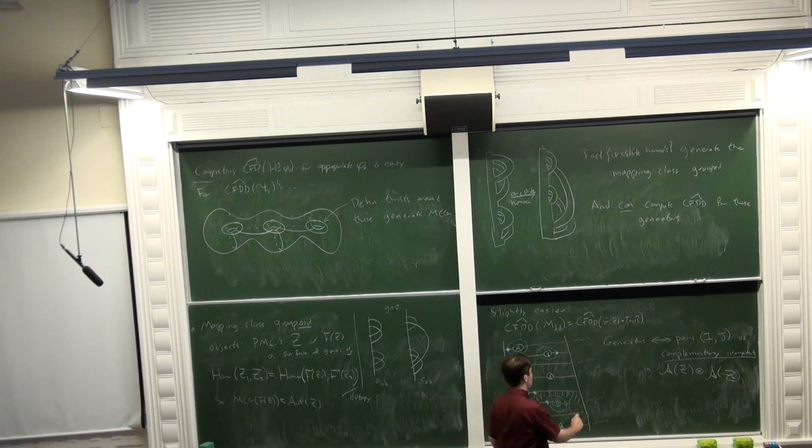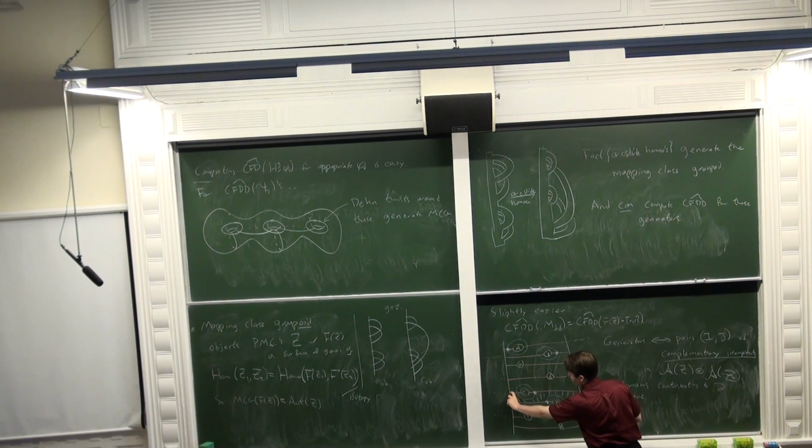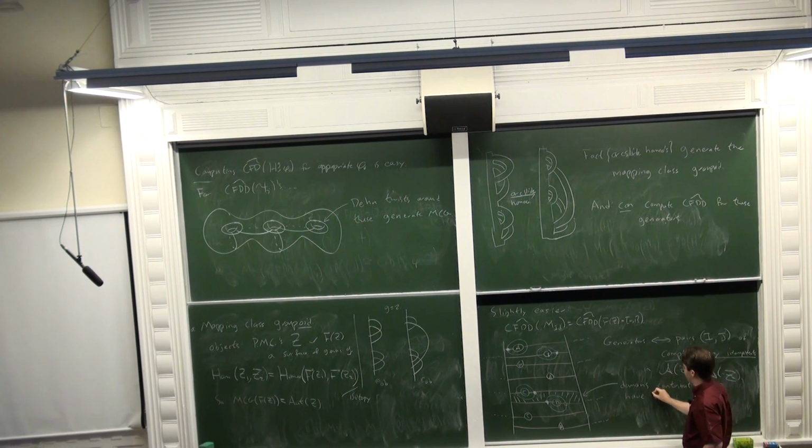So here's a domain contributing to the differential. They have the same multiplicities on the left and the right. Notice I've got multiplicity 1 there and 1 here, and 0 everywhere else. So the multiplicities are the same on the two sides.